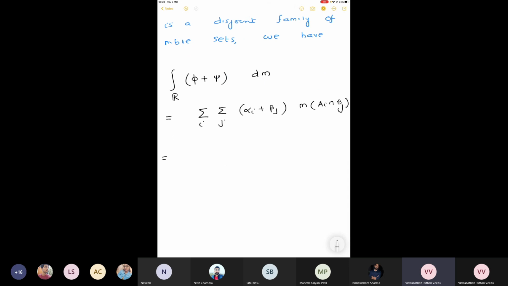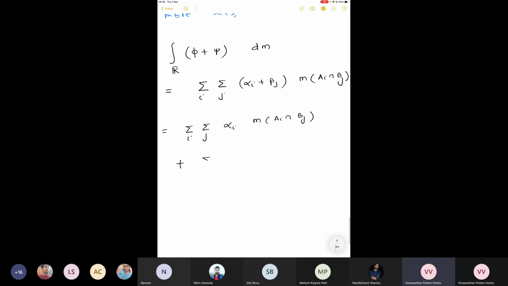Now that is equal to summation over i, summation over j, alpha i, measure of Ai intersection Bj, plus summation over i, summation over j, beta j, measure of Ai intersection Bj. I split it into two summations.